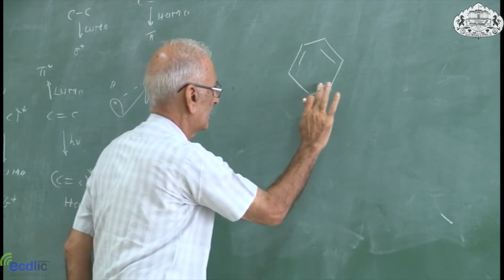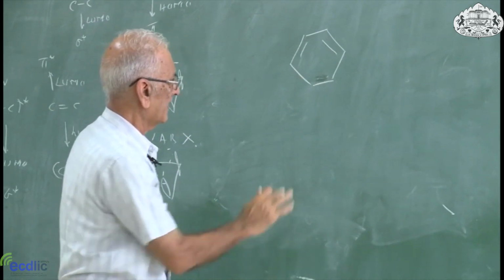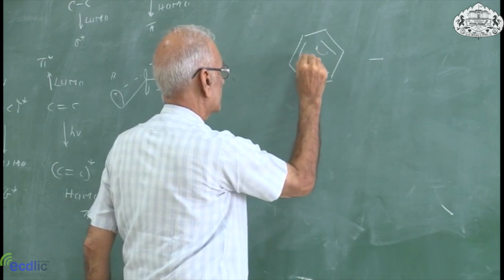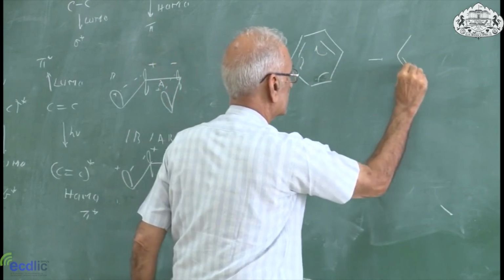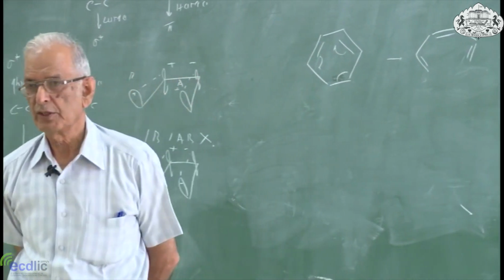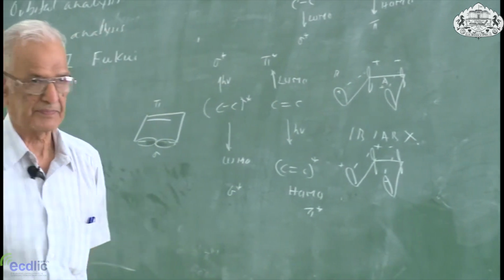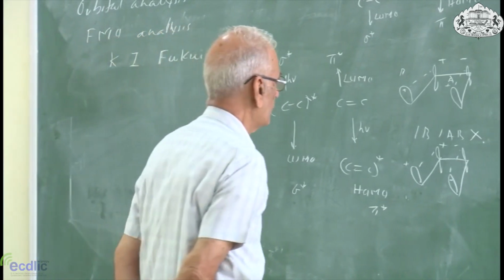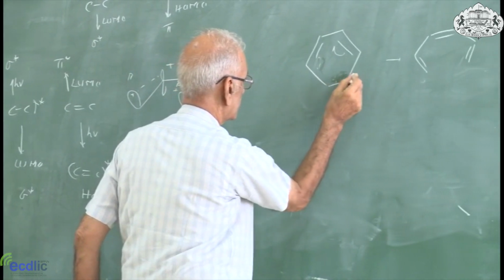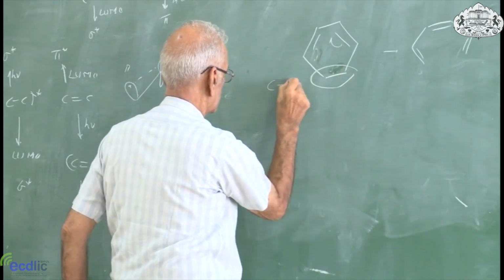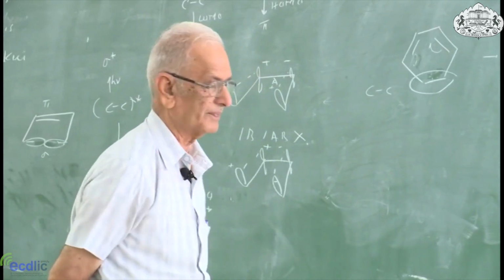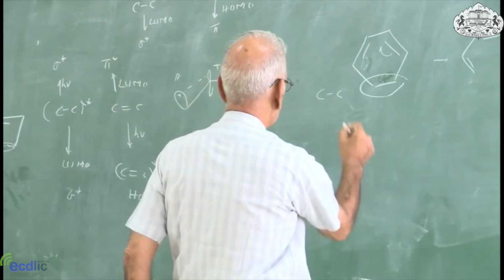Sorry, cyclohexadiene. Going to hexatriene. What are my two components? One component is carbon-carbon single bond. What is the other component?